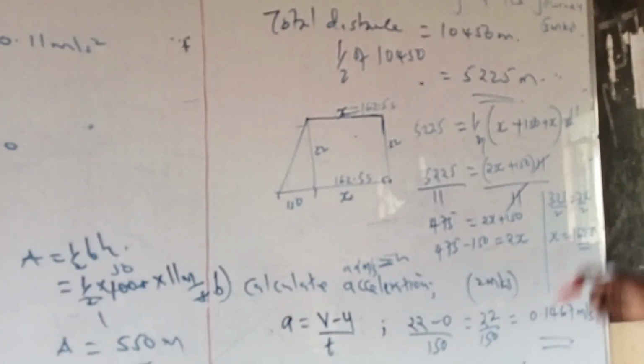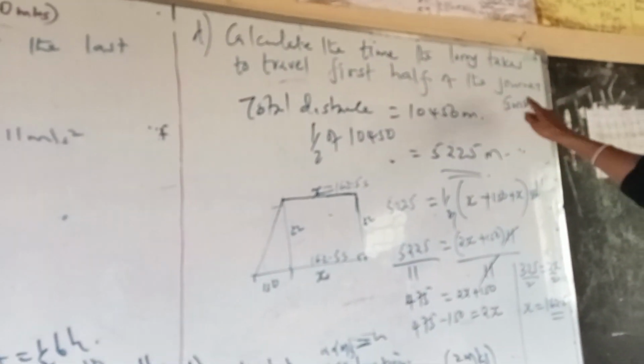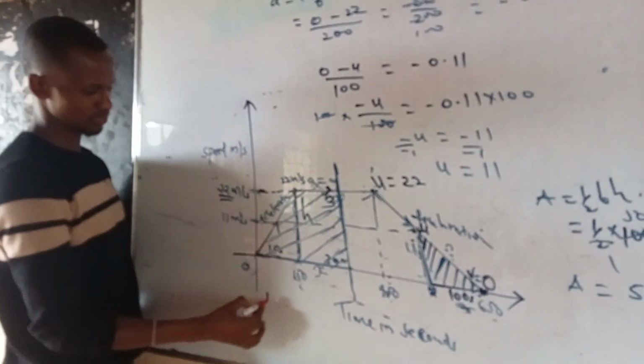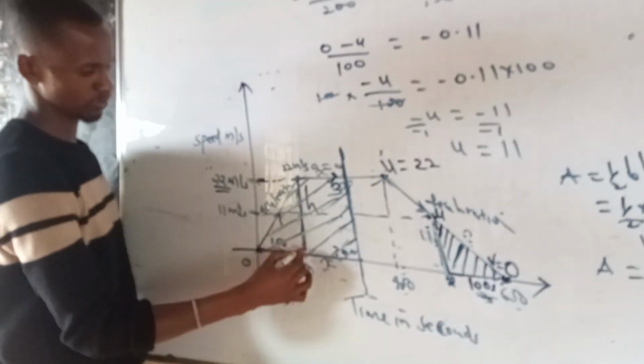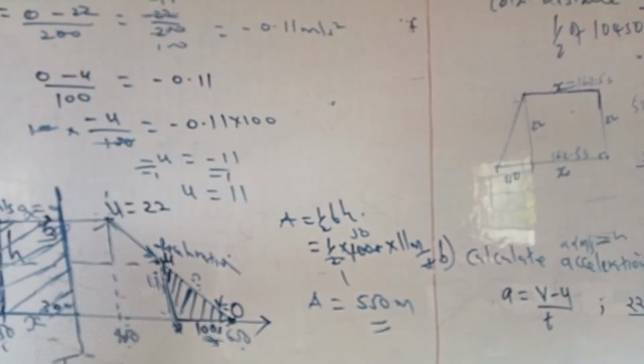And now, because you're told to calculate the time the lorry takes to travel the first half of the journey, what we are doing is calculating this time here. We know that from here to here is 150, plus x, which is 162.5.